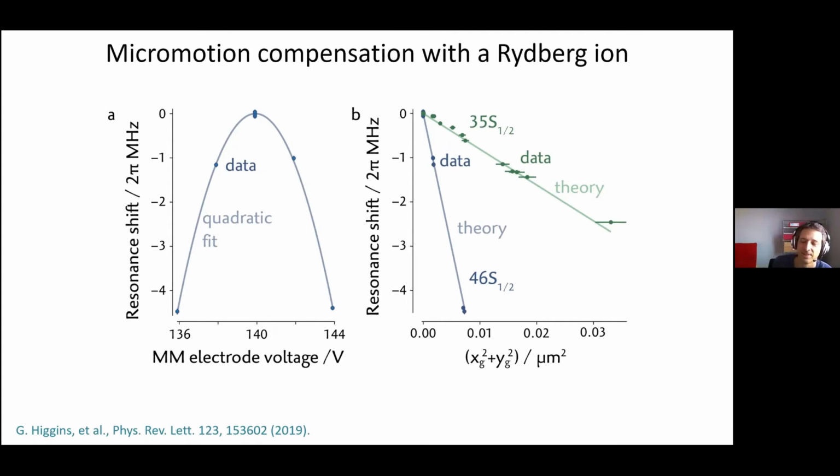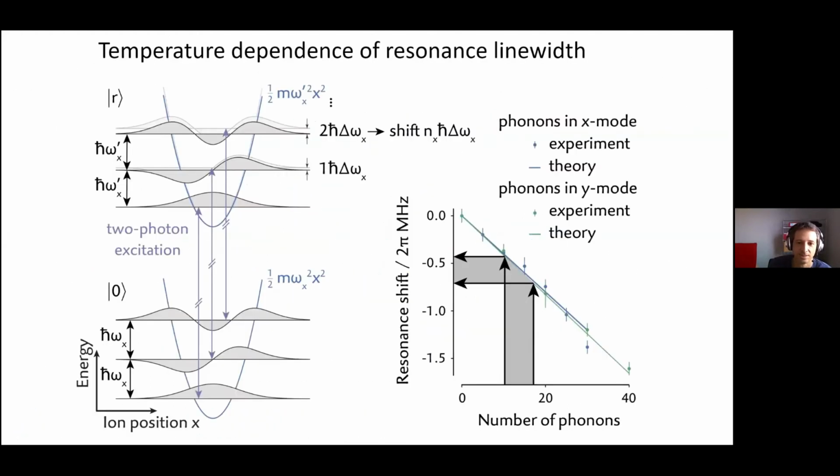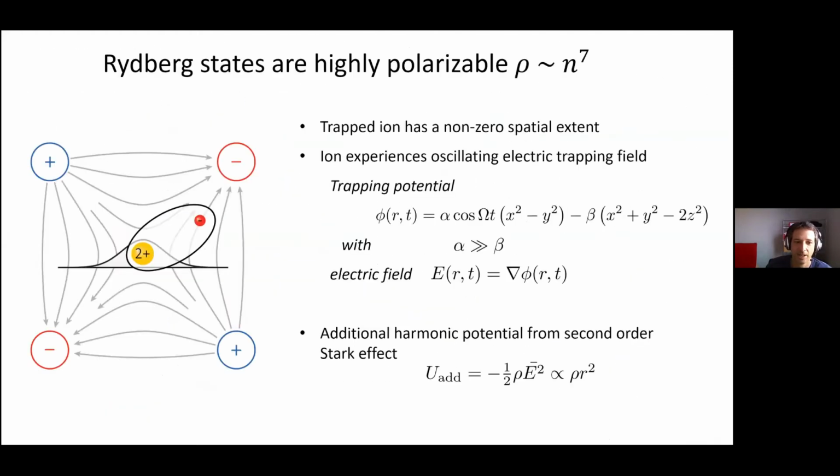Also here we see micromotion effects. Micromotion means you apply an additional electric field to your trap, and this shifts the trapping potential that you usually have. Usually the ion is trapped here in the center. If you now have an additional offset electric field, the equilibrium position is shifted a little bit to the side.